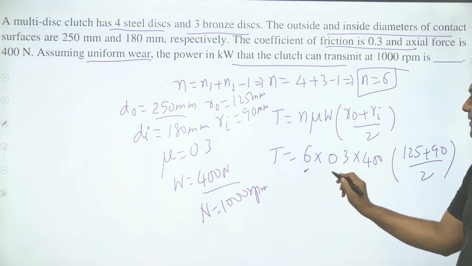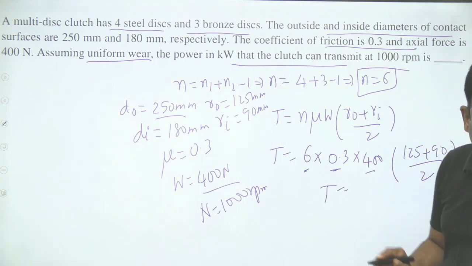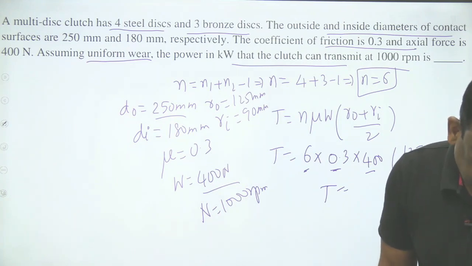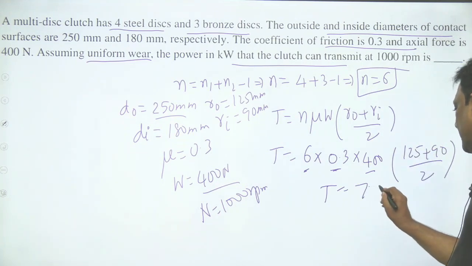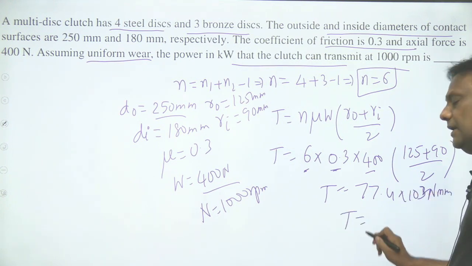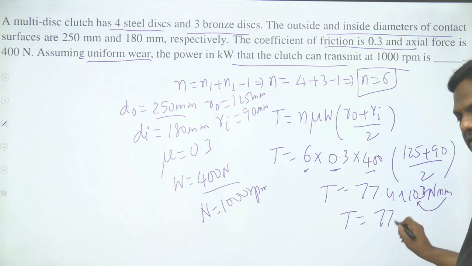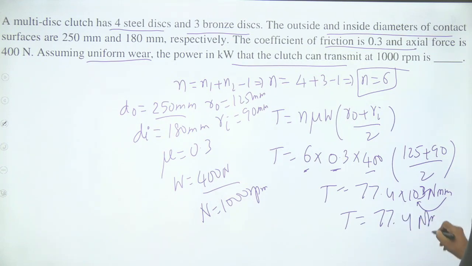This has no unit, this is Newton and this is mm. So you will get the torque in Newton mm, and that is 77.4 into 10 power 3 Newton mm. But I want torque in Newton meter. So therefore, 10 power 3 mm is 1000 mm is 1 meter. So it is 77.4 Newton meter. Now I want power.